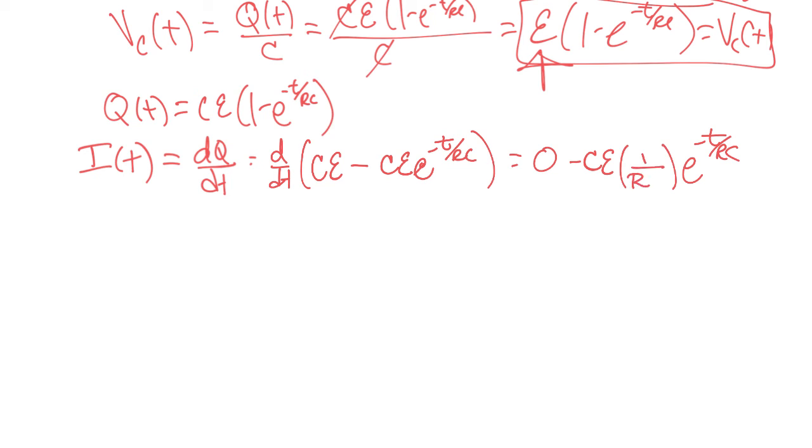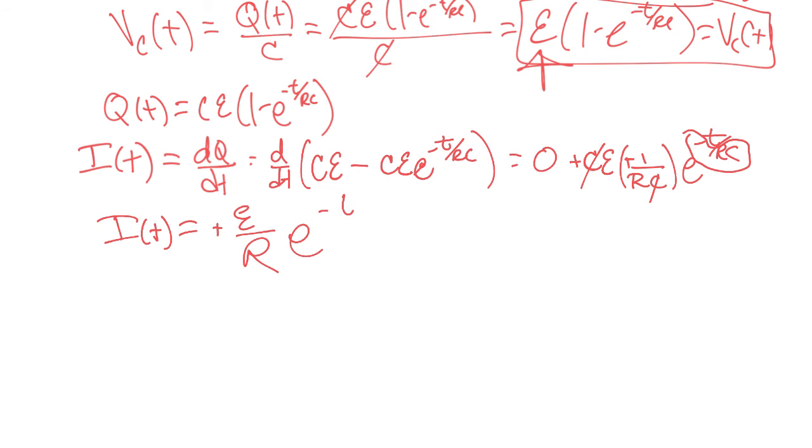Negative 1 over RC, right? Let's simplify that. Our negatives go away, we get a positive, and our C's go away. Cute, right? Those positive guys. So what is that?